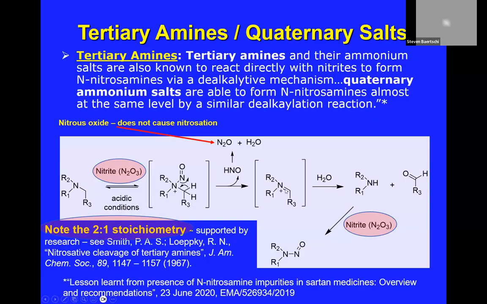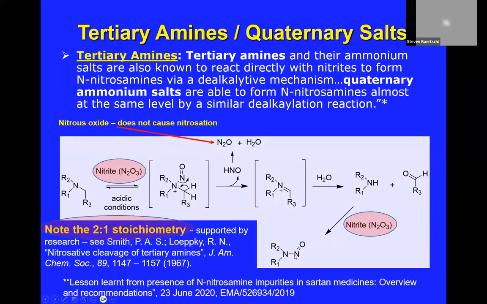You have this iminium salt that will degrade and dealkylate by hydrolysis to form a secondary amine and an aldehyde. That's the dealkylation process. And then another molecule of nitrite or of nitrosating reagent can form the tertiary amine N-oxide.